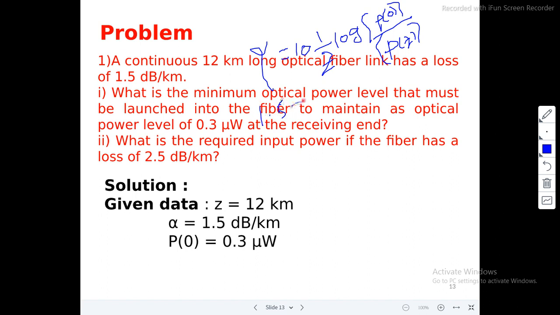All of you note down: alpha equal to 1.5 equals 10 into 1 by Z, that is 12, into logarithm of P of 0, which is 0.3 microwatts, that is 0.3 into 10 to the power of minus 6, by P of Z.